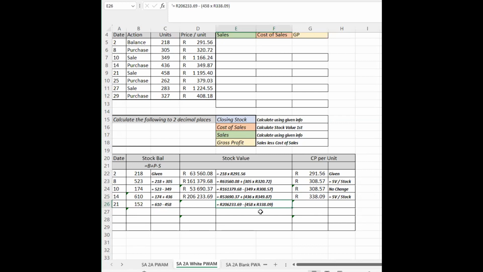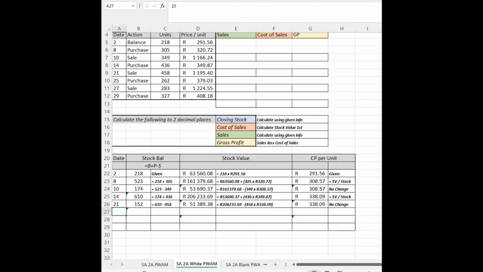So it is the 458 units that we sell, and we get to a new stock value of 51,389. My number there will of course not change when we make a sale. Okay, so we're getting there.